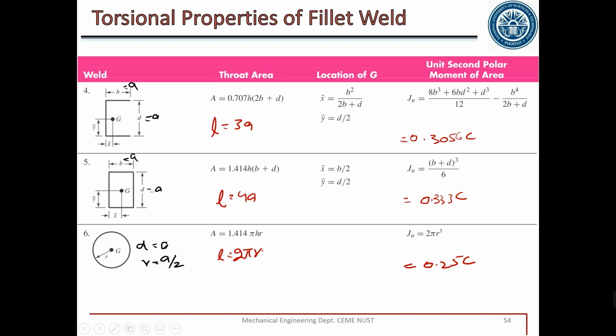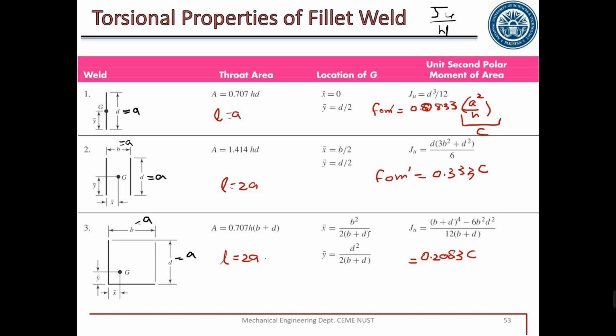Once we have FOM prime values, now we have to rank the values. The value with the highest figure of merit is the best option to select. So which value of FOM prime is highest? Dark blue. 0.333 in this figure is higher, and here also 0.333.